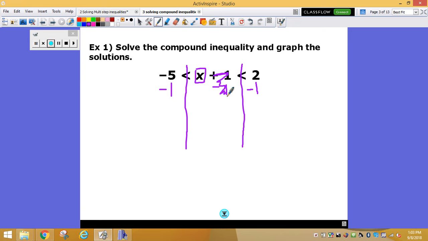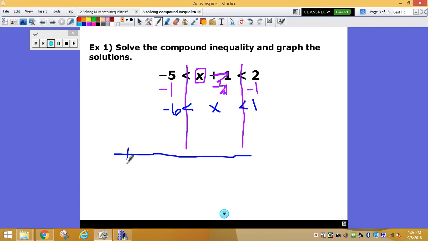So these 1s go away. On the left-hand side, we're going to get -6. Bring down my inequality. Bring down my x. Bring down my inequality. And 2 minus 1 is 1. Okay, so now we're solved. X is in the middle all by itself. That's what we wanted. Let me show you how these are going to be graphed.